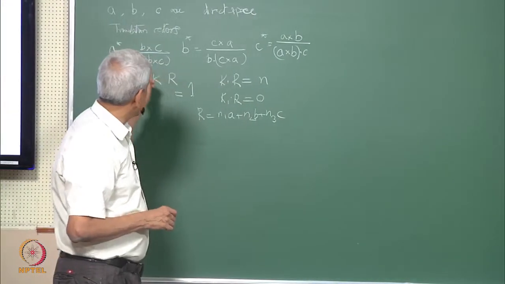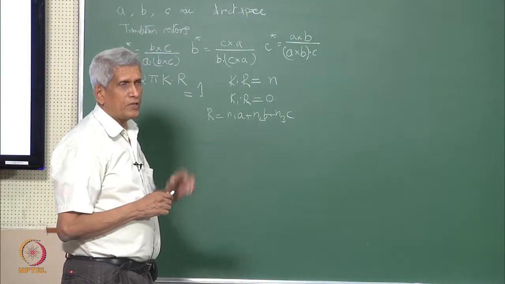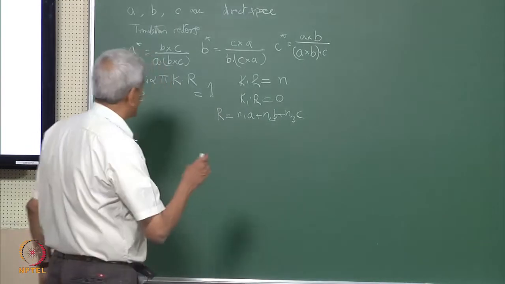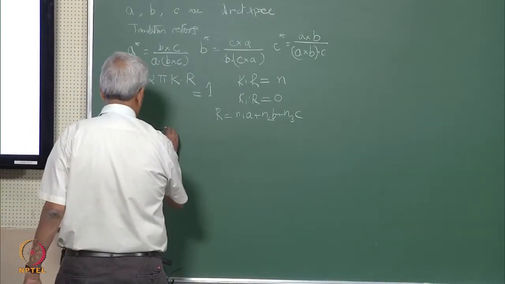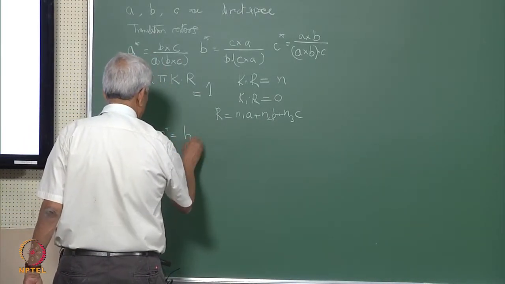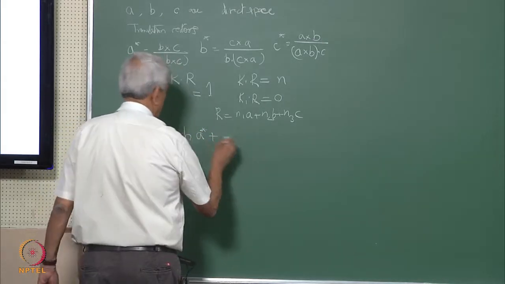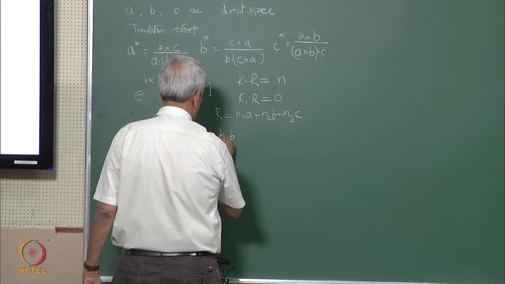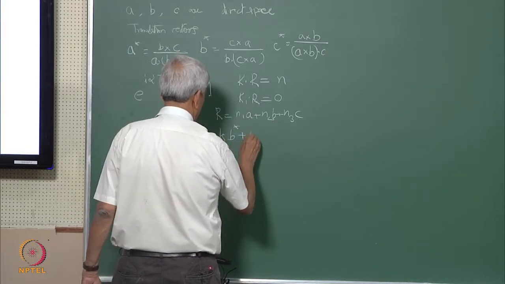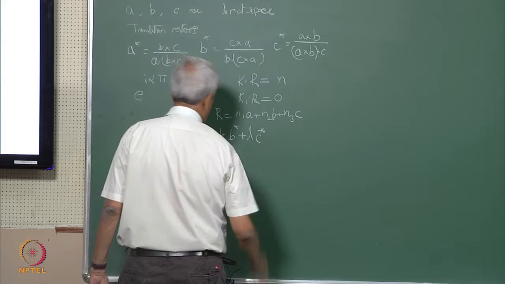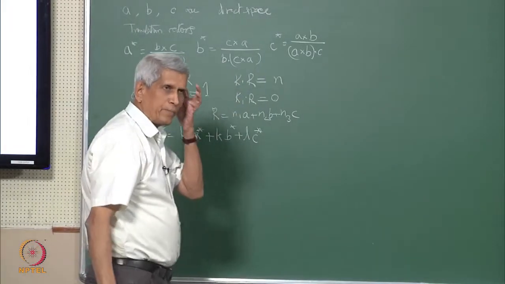Then the other expression which we have derived is that a vector in reciprocal space, r star, can be written as h into a star plus k into b star plus l into c star.